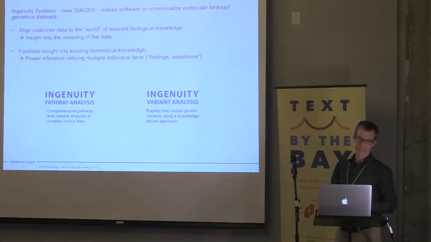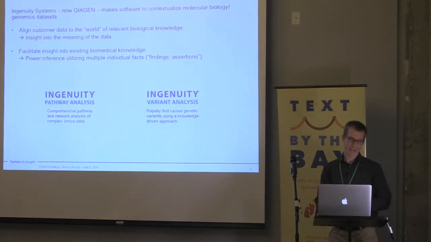So we're facilitating insight into existing knowledge, and the inference is powered using multiple individual facts, what we prefer to refer to as findings or assertions. We're not making a judgment as to truth, but we are making a judgment as to what things are said by whom.